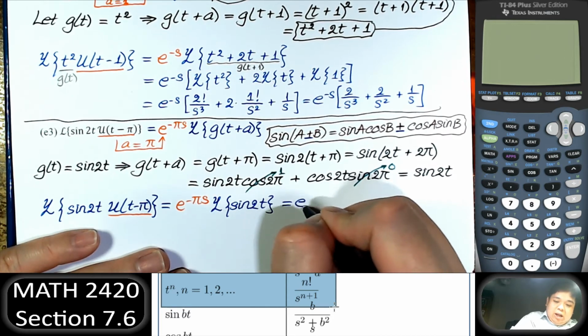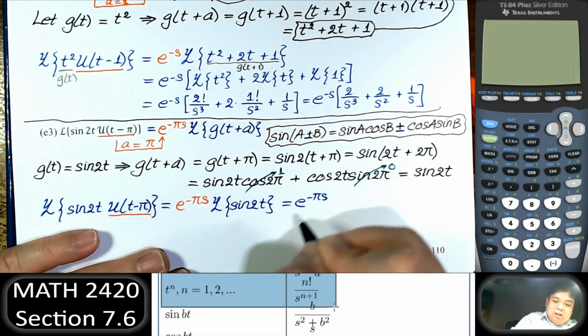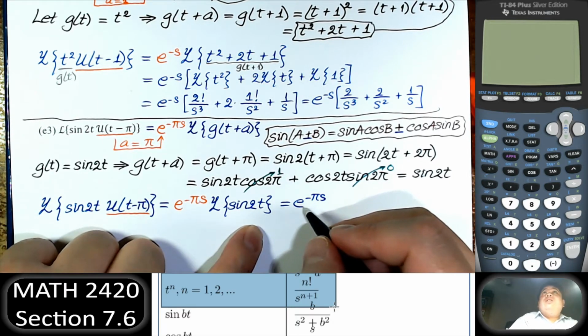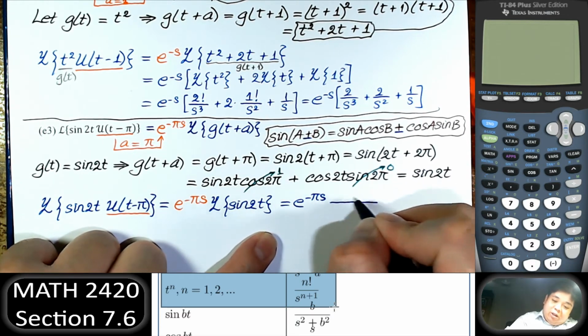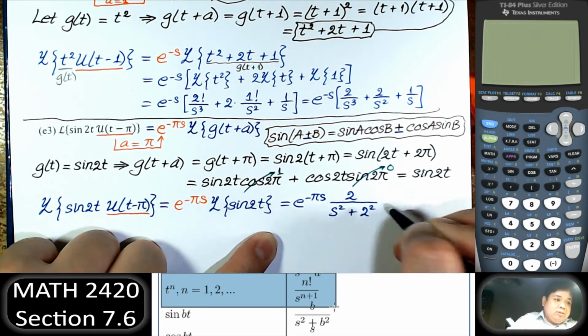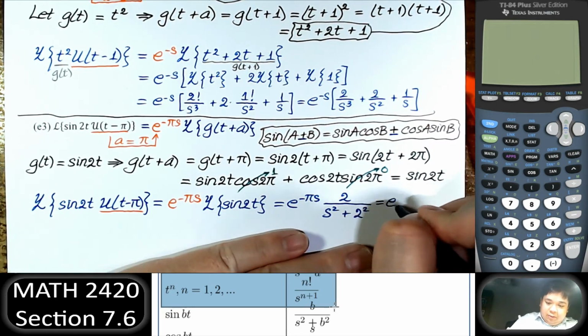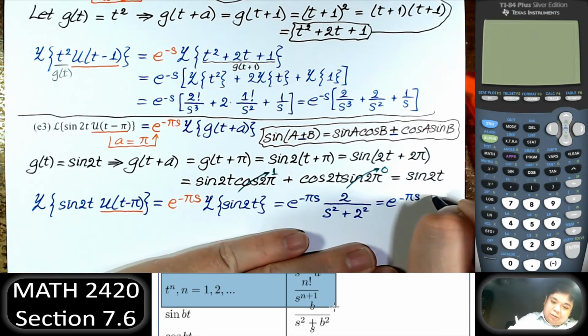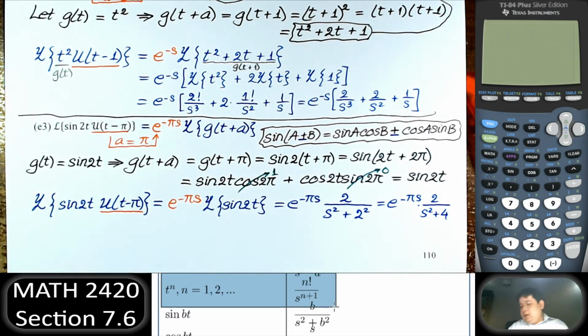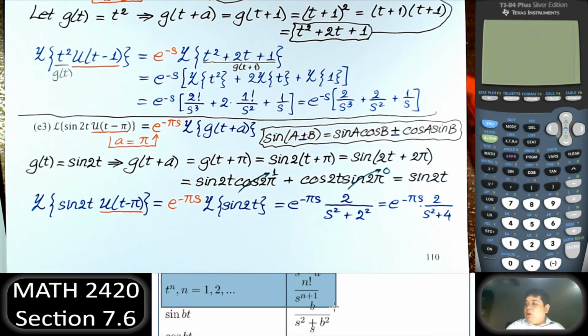Right, so we have e to negative pi s times the Laplace transform of sine of 2t. Sine is an odd function, Laplace transform be even, so we have 2 over s squared plus 2 squared. So that's what we have. Right. So that is where we do the Laplace transform.